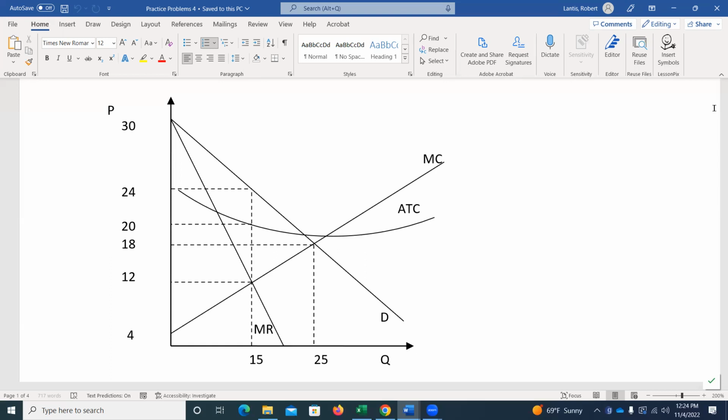So you look for what the value is at the average total cost curve at that profit maximizing quantity. So 20. So what? This is 60. So I get a profit of 60, optimal output is 15. Okay. Any questions over anything there up to this point?